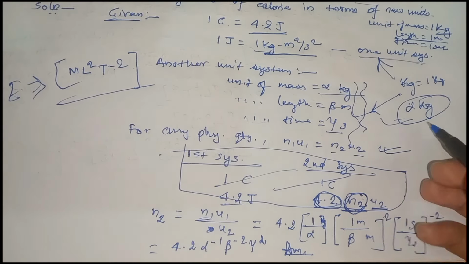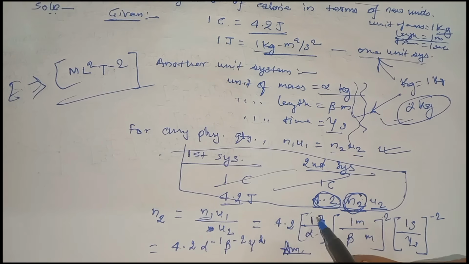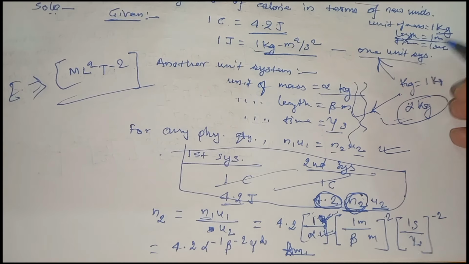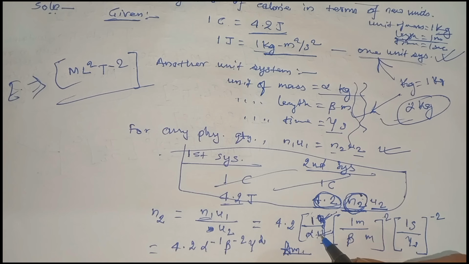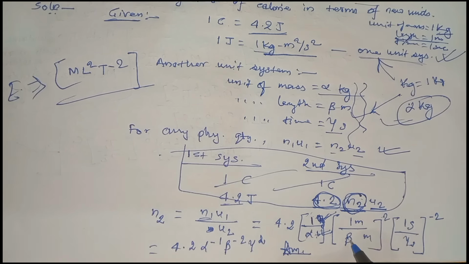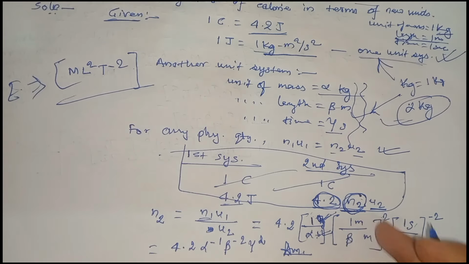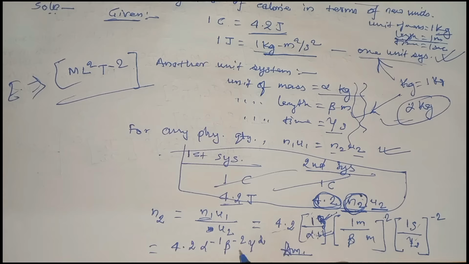Both numerator and denominator are units. This is in one system of unit, and this is in another system of unit. We know this is the MKS system, and this is another system of unit. In the same way, we put only the systems of units, and then we got the result.